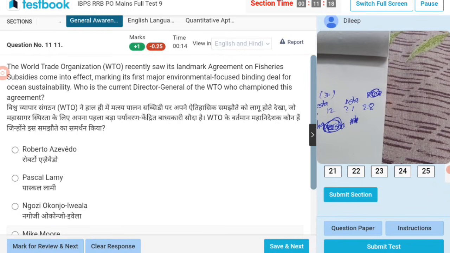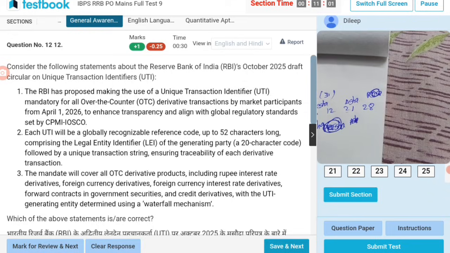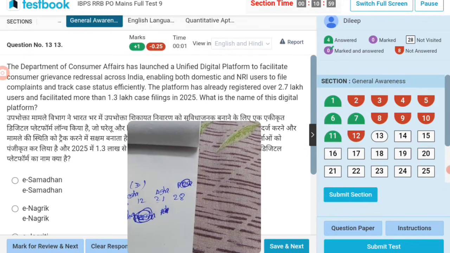Who is the current Director General of WTO who championed this agreement? Think Roberto Azevedo. Or Pascal Lamy. So 12.